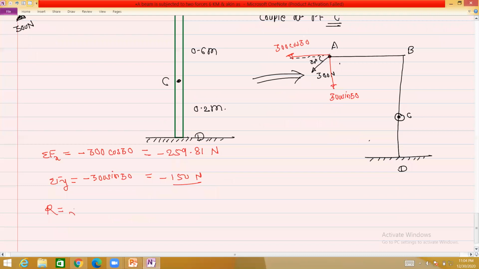So the resultant will have the same value as that of the original force, that is 300 Newton.